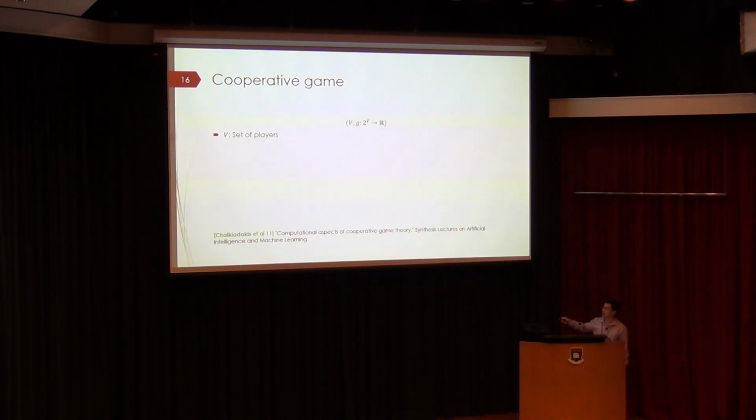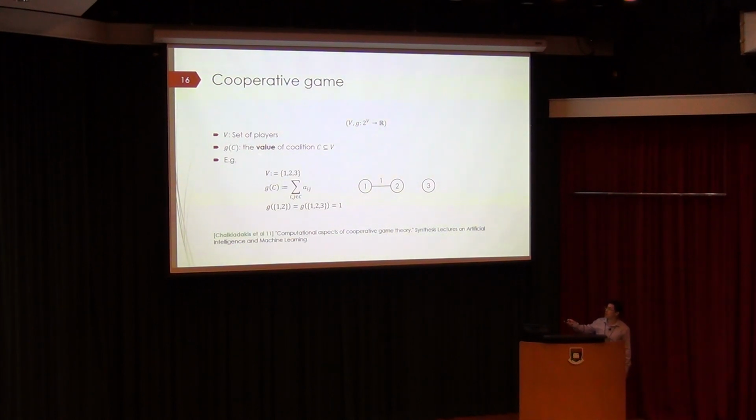One is the set of players, V, which is a finite set. And then another one is the set function, G. G corresponds to the value of the coalition C. So if players in C join together, they produce something, then the value of that production, the product, is G of C. Okay?